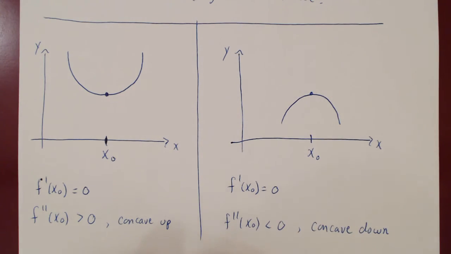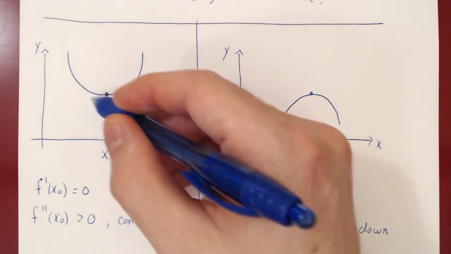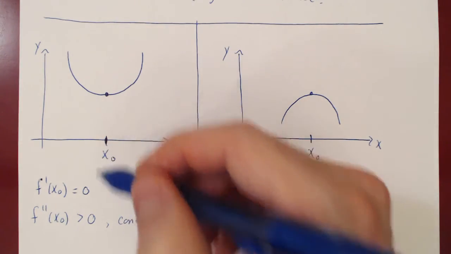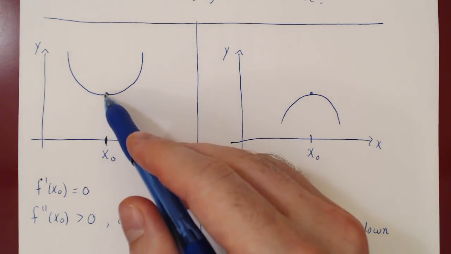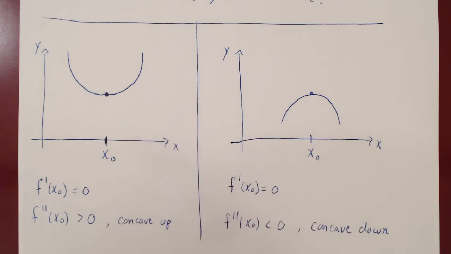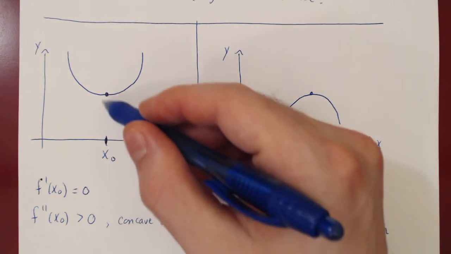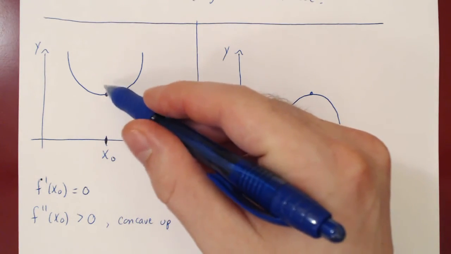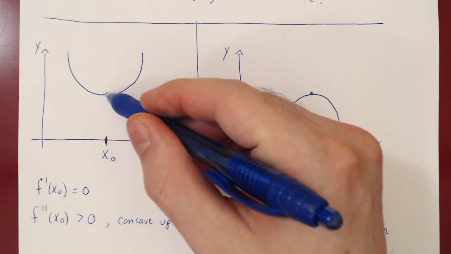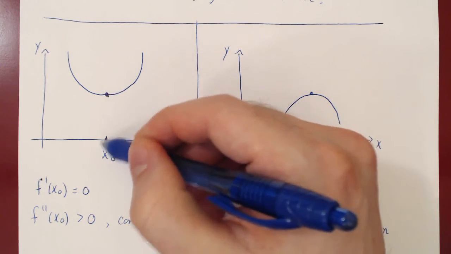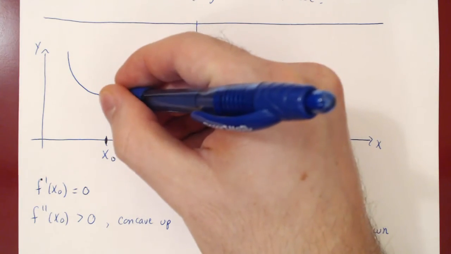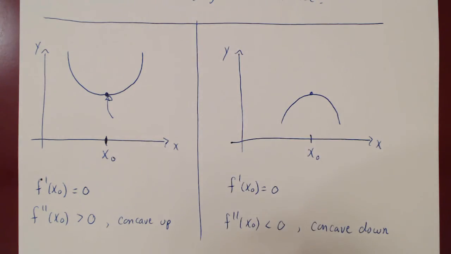And why are those important? Look at this. When the derivative is 0 and the second derivative is positive, the curve has to look like this around the point x0. But what's special about this point is it is a minimum value of the function. Look around x0, and around x0 the function attains its smallest y value at this point. And this is what we call a local minimum.